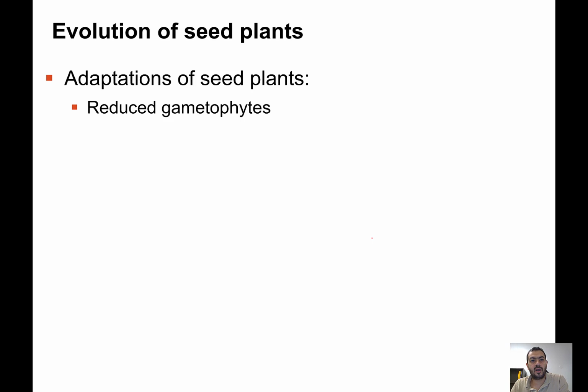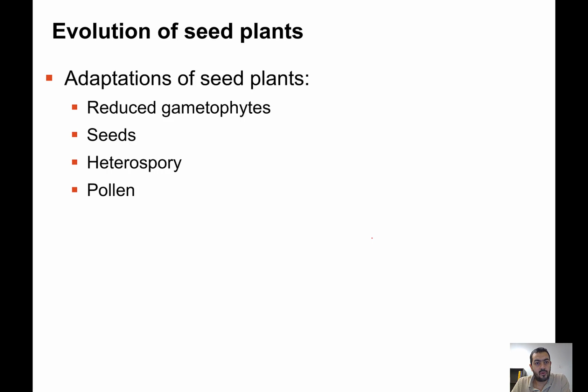evolution events to highlight include the reduced gametophytes, and as we said, the presence of seeds and the heterospory. We're going to discuss this in more detail in the next slides, but this is represented by the presence of Megasporangia and Microsporangia rather than having a bisexual gametophyte.